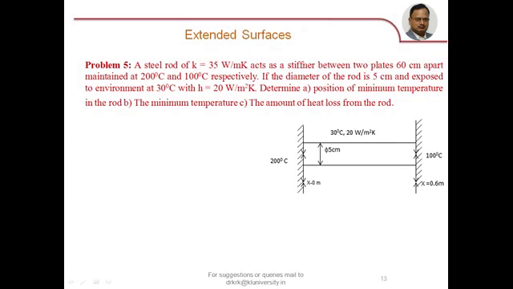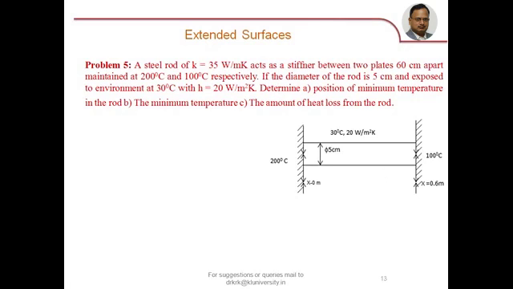The environment is at 30 degrees centigrade with a convective heat transfer coefficient of 20 watts per meter square Kelvin. So heat enters this rod from this end by conduction and from this end also by conduction. It leaves to the environment by means of convection.